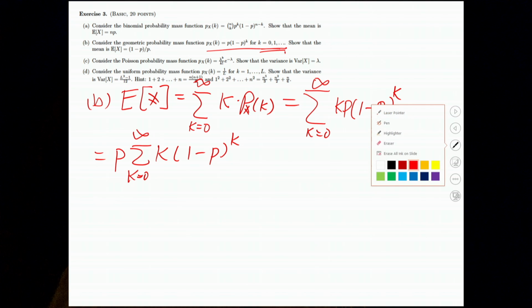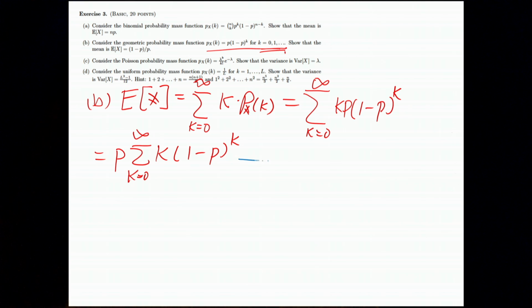Now I substitute the change of variables q equals 1 minus p.